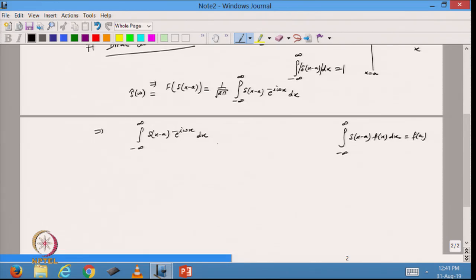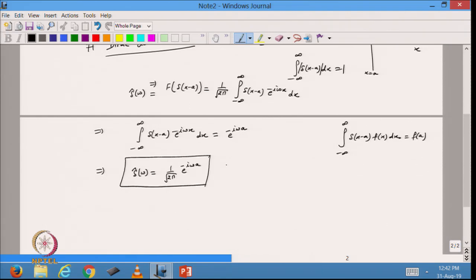So, if I use this expression, then the value of this integral will be e raised to power minus i omega a. So, the Fourier transform for the Dirac delta function will be 1 over root 2 pi into e raised to power minus i omega a.